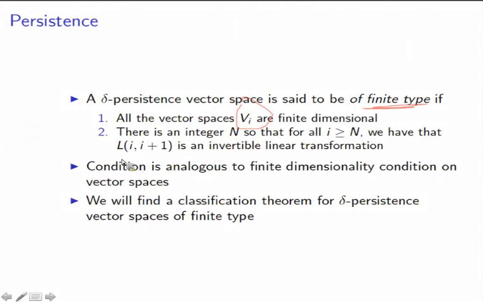And eventually, remember, all my times ended at some point, but I still drew an arrow, and we just said that all our simplicial complexes at some time will just have the identity map for everything else. It doesn't have to be the identity map, but as long as it's a nice invertible linear transformation so that things become boring after a while. So past n, things become boring. Then we have this finite type stuff.